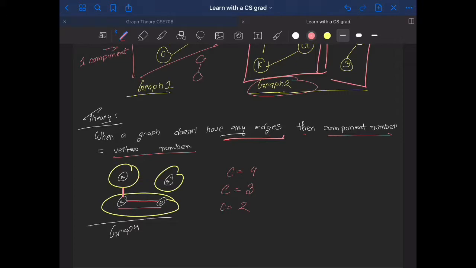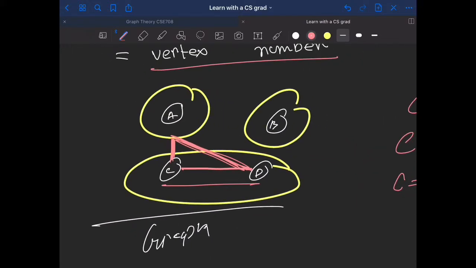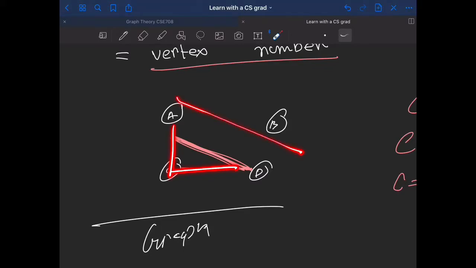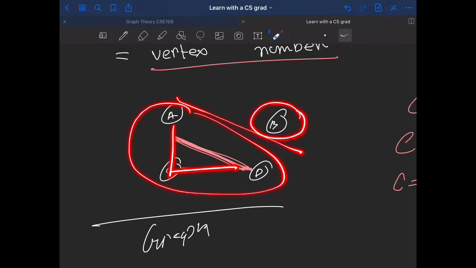Rather than that, just try to connect A and D. So does this increase or decrease the number of components on the graph? If we look into here, we can see, if we remove all these green lines here, first we had this connection, meaning that we had only 2 components in the whole graph, one here, another one here, because they're their own subgraphs.